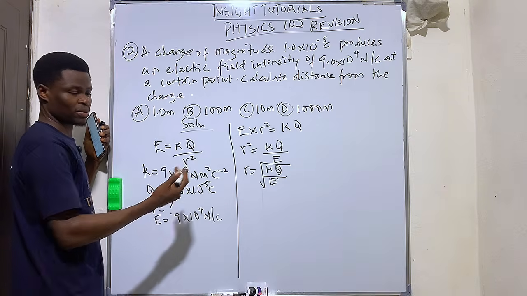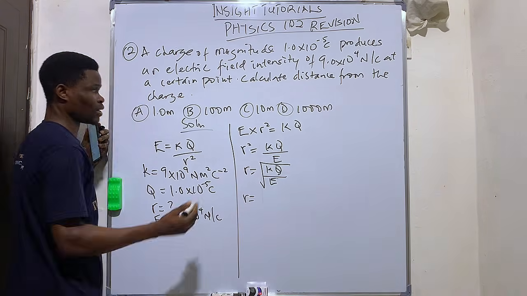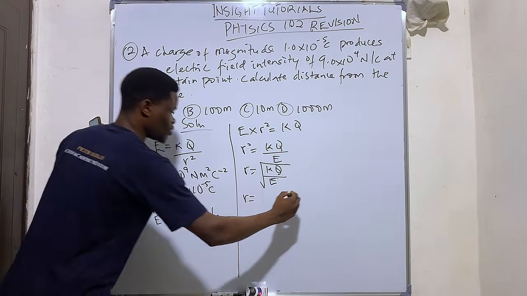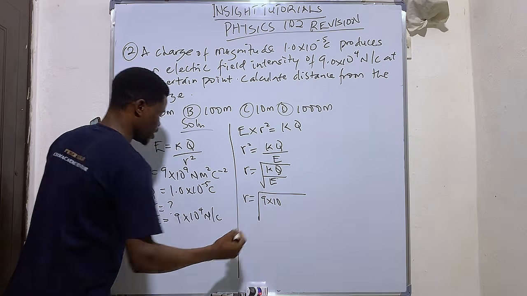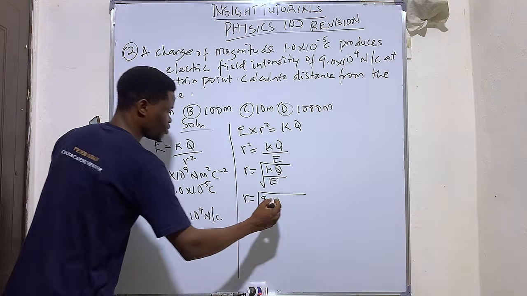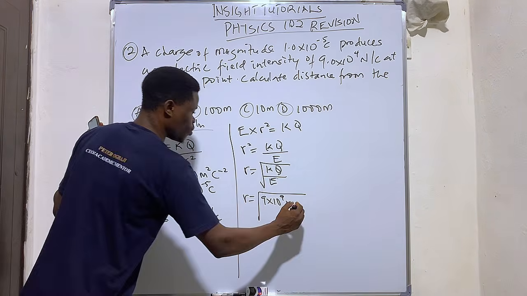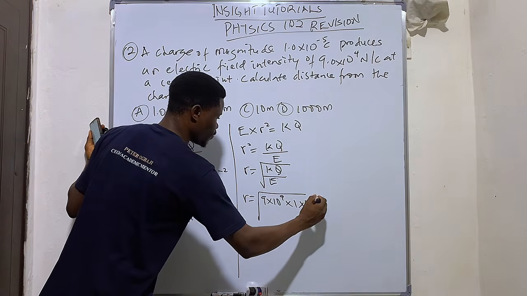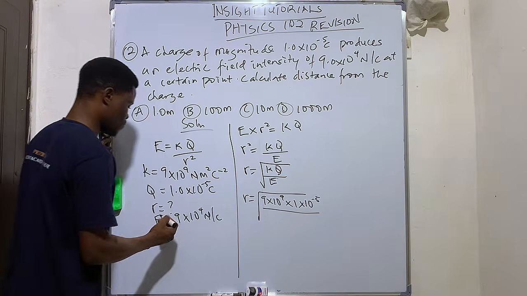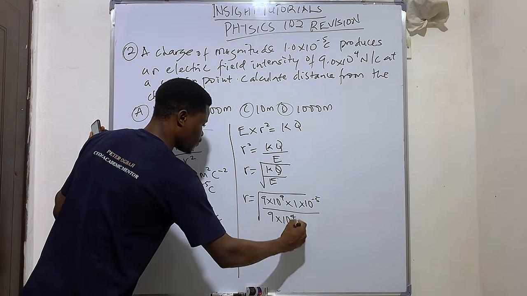Having arrived at this particular formula, we're going to substitute our values into this, and then we'll get our distance from the charge. So our constant is 9 times 10 raised to the power of 9 times our charge, which is 1 times 10 raised to the power of -5, all over our electric field intensity, which is 9 times 10 raised to the power of 4.